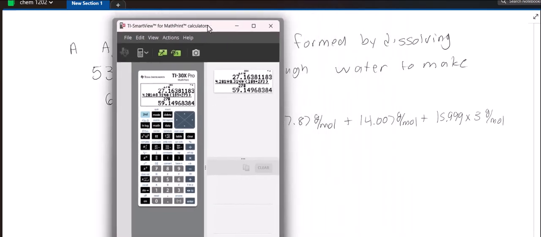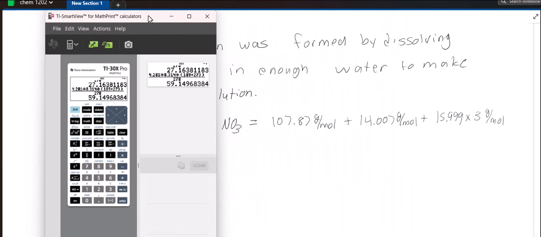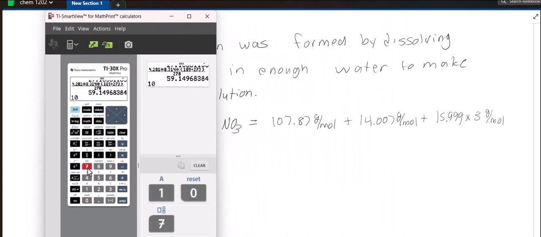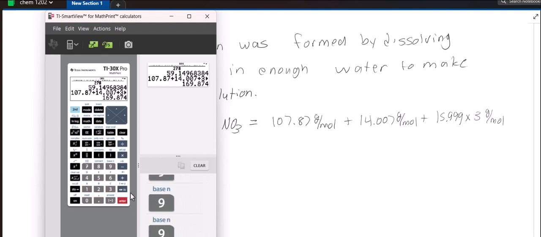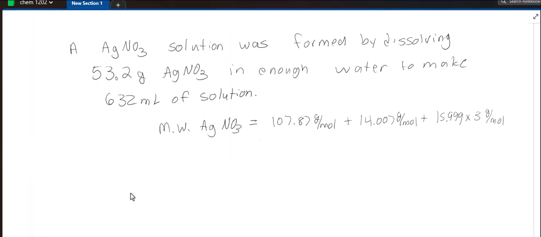Okay, so I need to add these together. 107.87 plus 14.007 plus 3 times 15.999, 169.874.